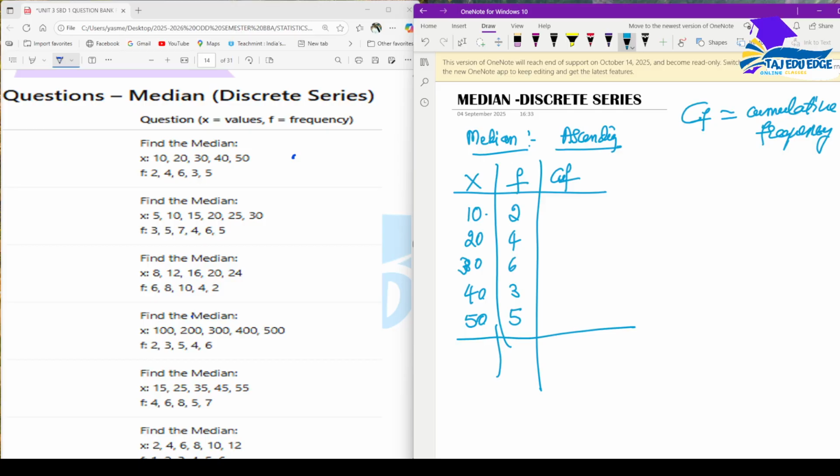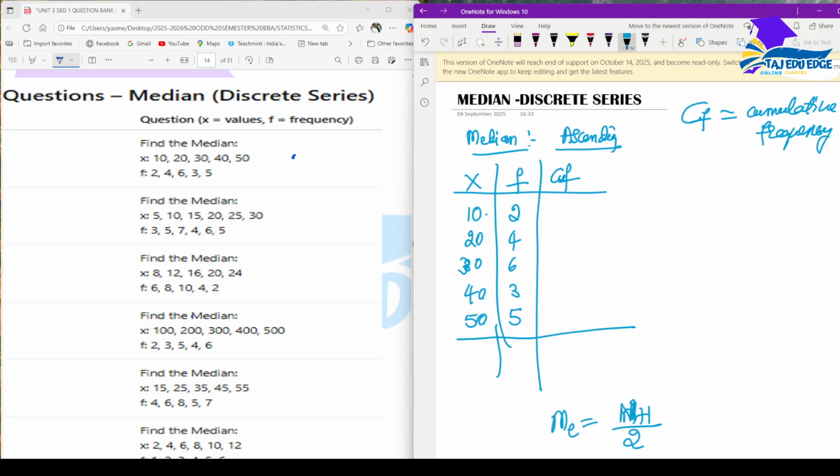Here we are not multiplying f into x, we will write only cumulative frequency, because the formula will remain the same as we used for individual series. The formula is median equals n plus 1 divided by 2. So first, capital N.